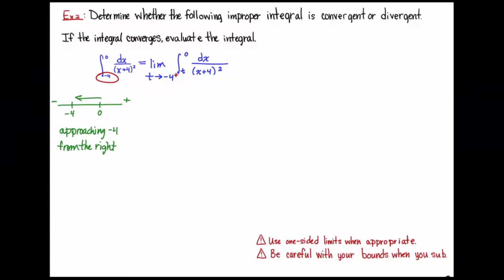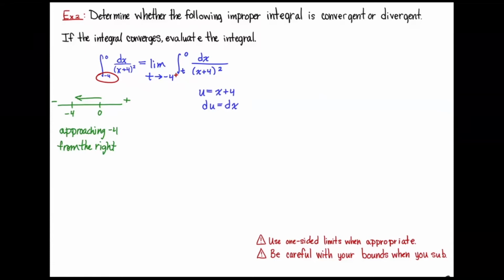You might be able to do this integral in your head, but I wanted a nice straightforward example that we could do a u sub on, so you'd have an example of changing the bounds. So let's let u equal x plus 4. Du is dx. And I always recommend that you start with the upper bound first so that it is in the same order as what we're subbing into the integral.